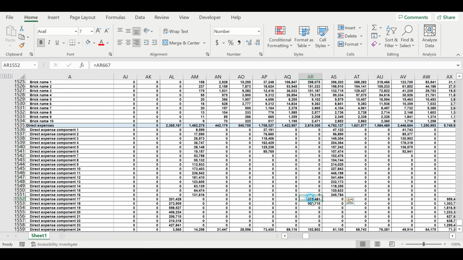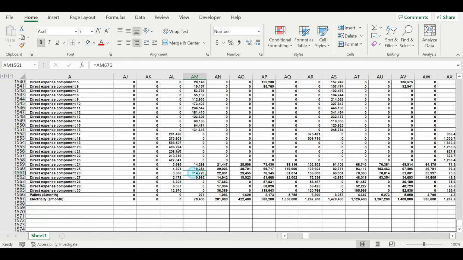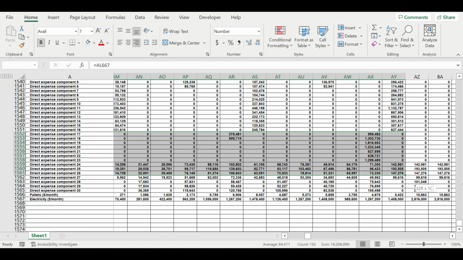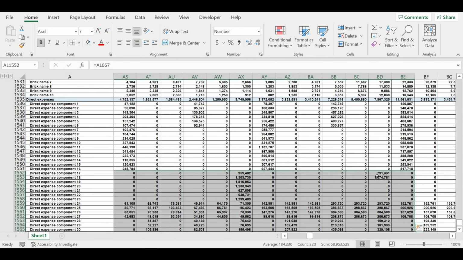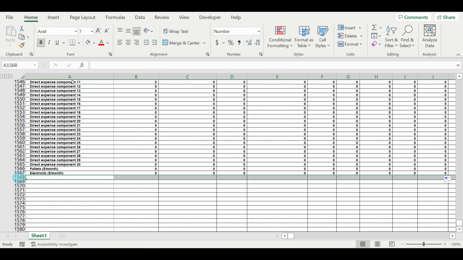Some of them we purchase once in a quarter, some of them once in half a year, some of them have some specific algorithm. So here all the expenses are shown according to the algorithms that we assigned during the modeling process.